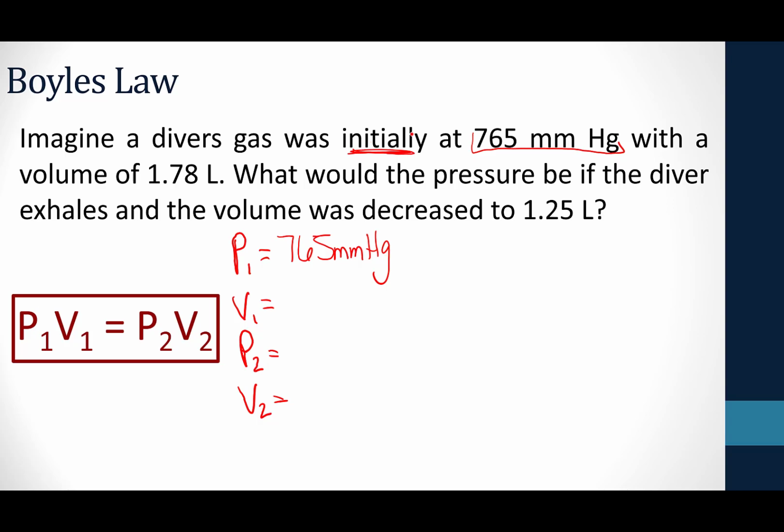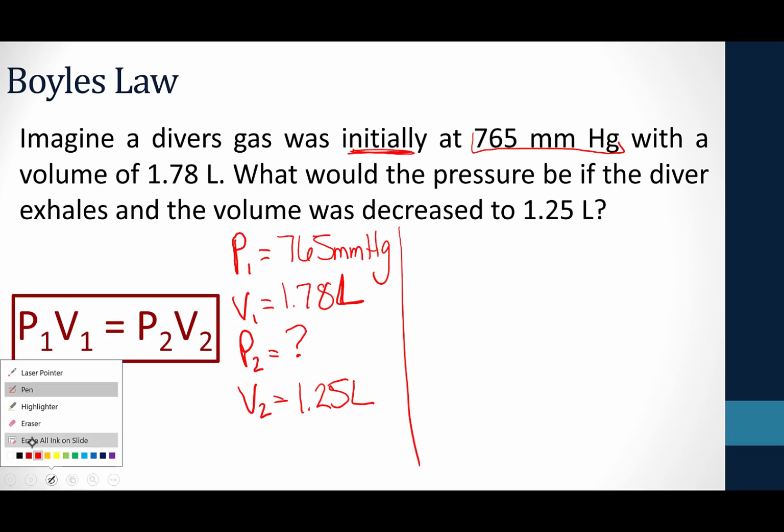So initially at 765 millimeters of mercury with a volume of 1.78 liters. Then it talks about some later time. What would the pressure be? So it sounds like we're solving for pressure. What would the pressure be if the diver exhales and the volume was decreased to 1.25 liters? That was the volume after he exhaled.